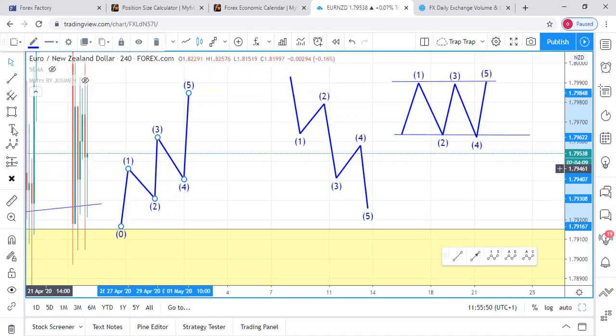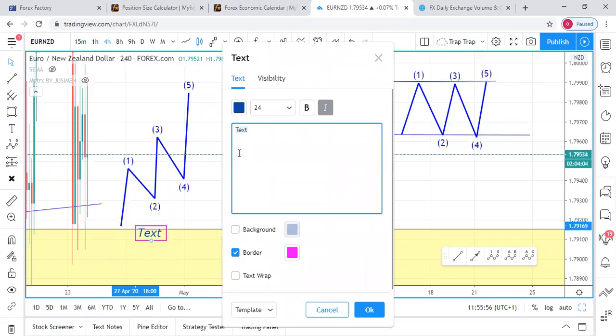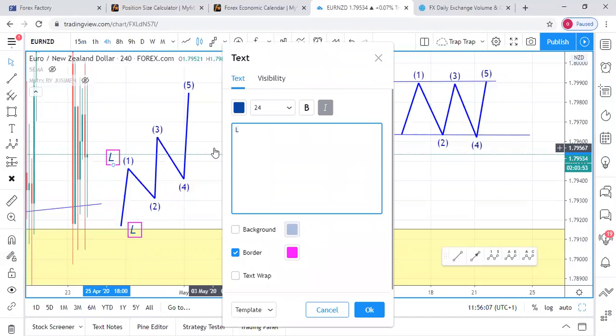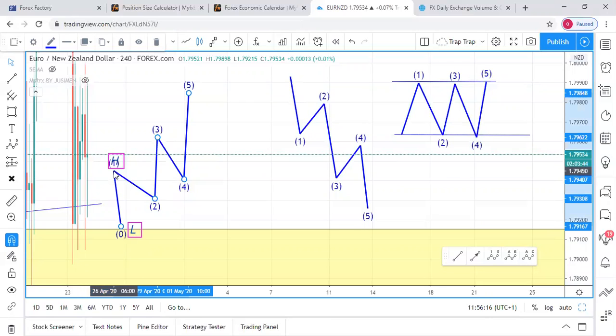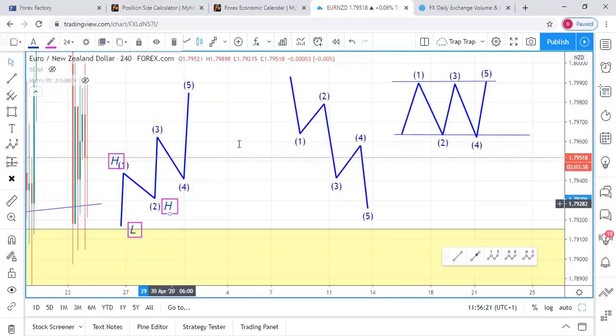Let me quickly do this. So here we have a low, right? We'll have a low here. Here we have a high. Then price came back and made another low.